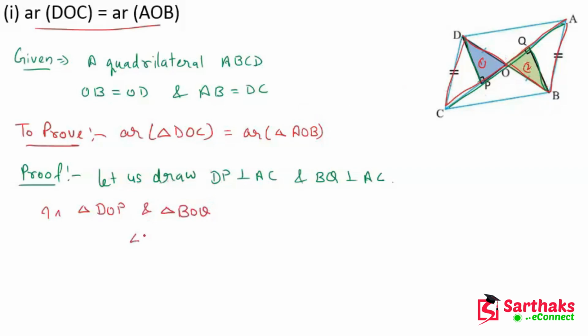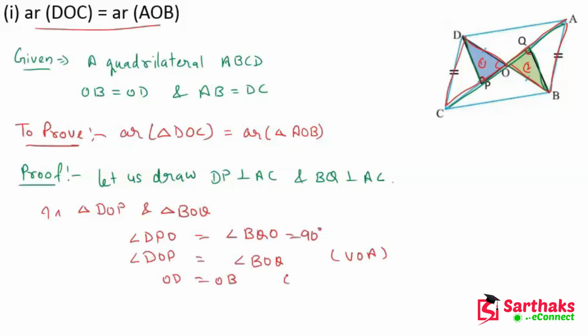Here angle DPO is equal to angle BQO, which is equal to 90 degrees. And angle DOP is equal to angle BOQ because they are vertically opposite angles. And the third condition is OD is equal to OB, which is given.